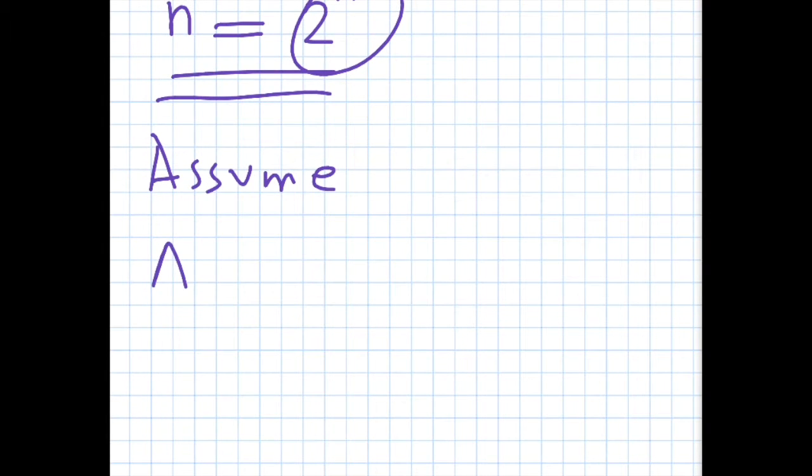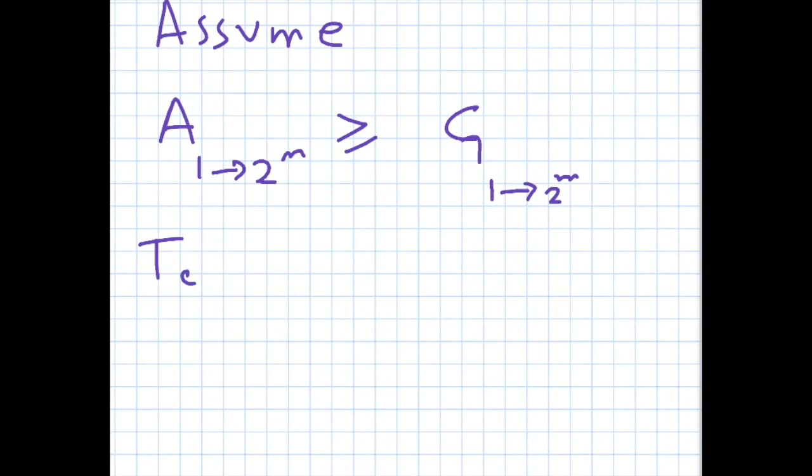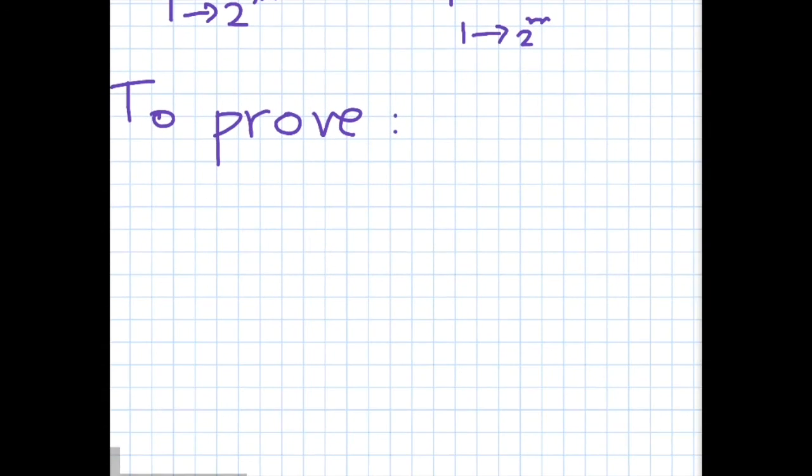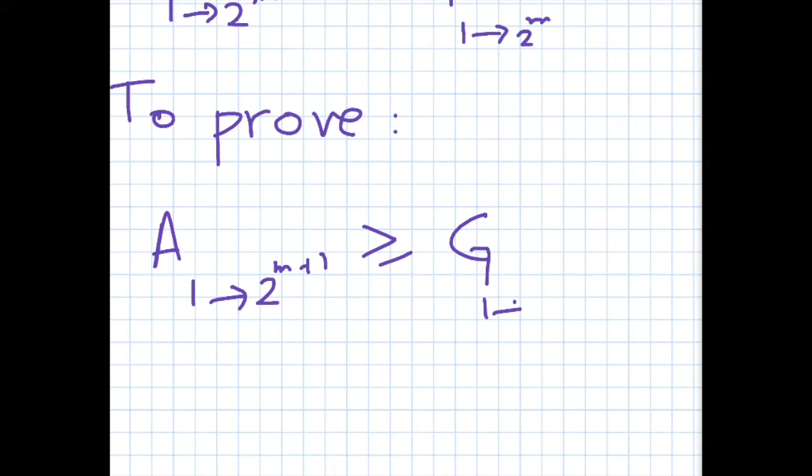We assume that A 1 to 2 to the m is greater than or equal to G 1 to 2 to the m, and we have to prove that A 1 to 2 to the m plus 1 is greater than or equal to G 1 to 2 to the m plus 1.